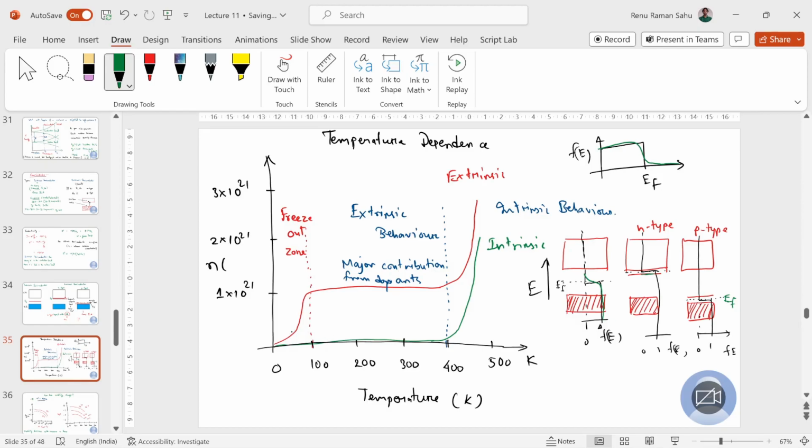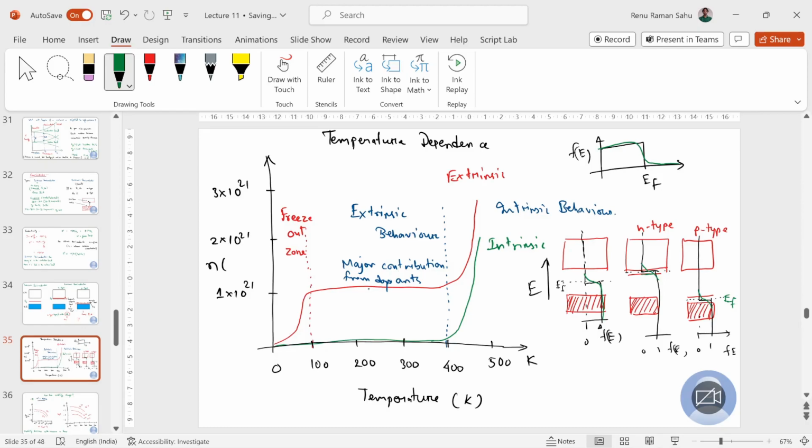But when you increase the temperature, it will start to smear. You understood what will happen now? So when it starts to smear, there is now a non-zero probability for the conduction band to have some electrons. Here also there is a non-zero probability for the conduction band to have some electrons.